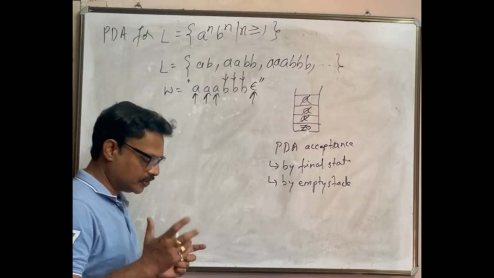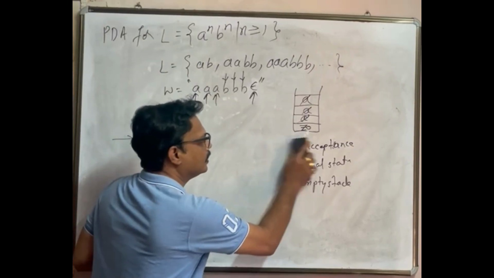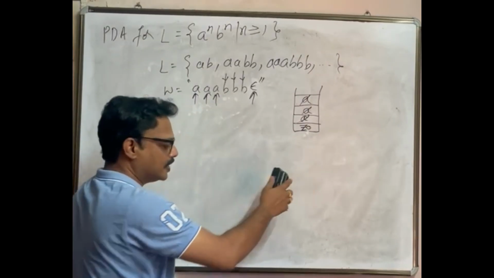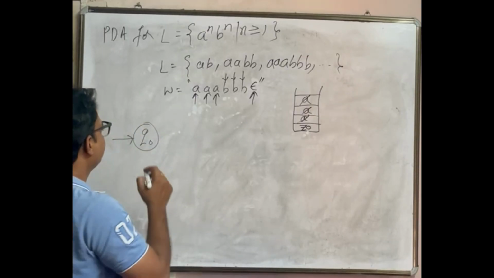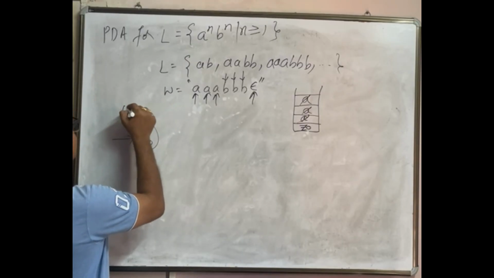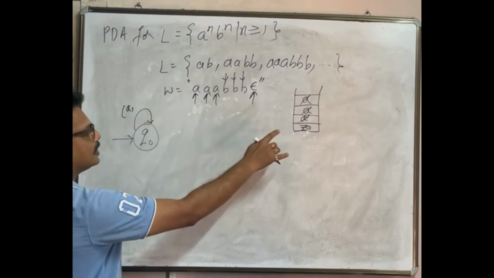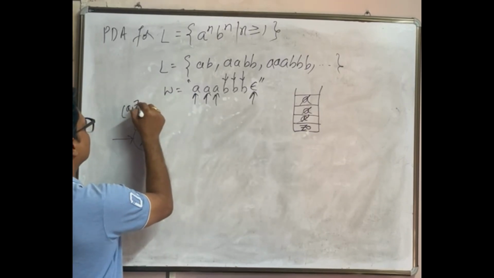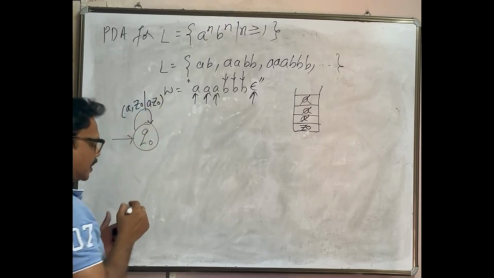Now let us see how the state transition diagram can be designed. It starts with Q0. On Q0, the symbol read will be A, and on top of the stack, initially there will be Z0, no symbols. What it does is push that A onto the stack.